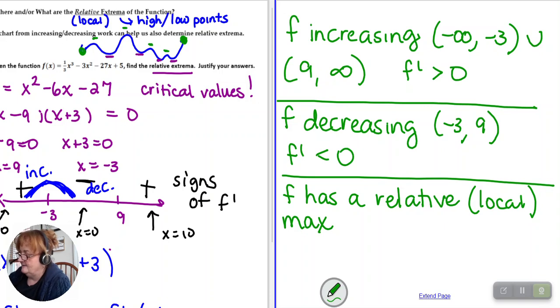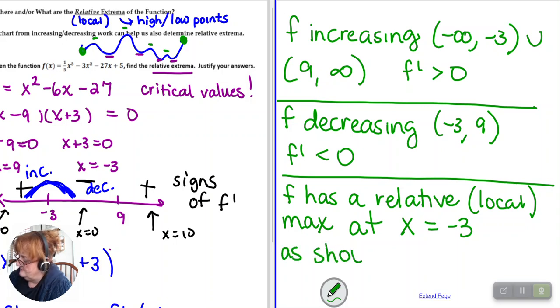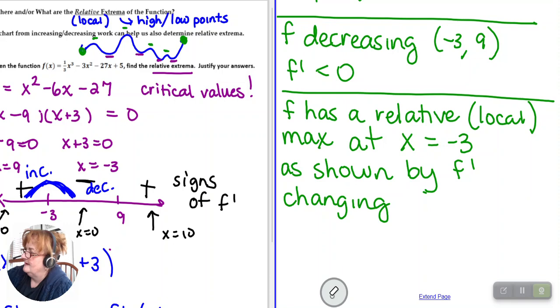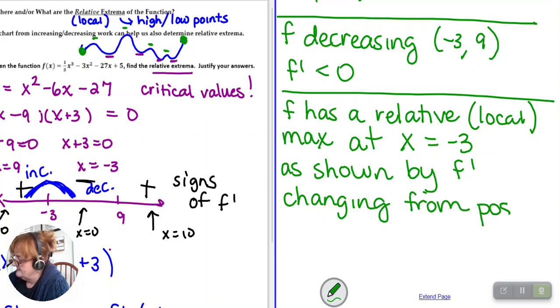There's a relative max at x equals negative 3, as shown by f prime changing, oops, I don't want to say changing sign. I'm going to be more specific. I can't just say sign change, because sign changes for both of them. It's specifically a max because I know f prime changes from positive to negative at x equals negative 3.